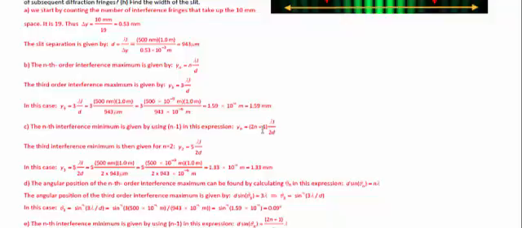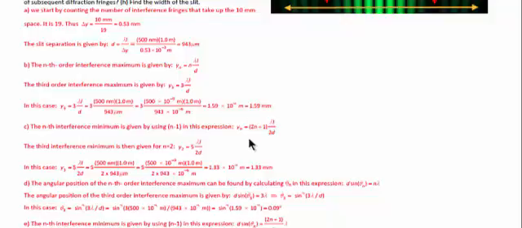Remember, lambda is the wavelength of the light, L is the distance separating screen from slits, and D is the separation of the slits. Now, the first minimum occurs when n is equal to 0. When n is equal to 0, 2 times 0 is 0 plus 1, so we get 1, and y sub 0 gives us lambda L over 2D.